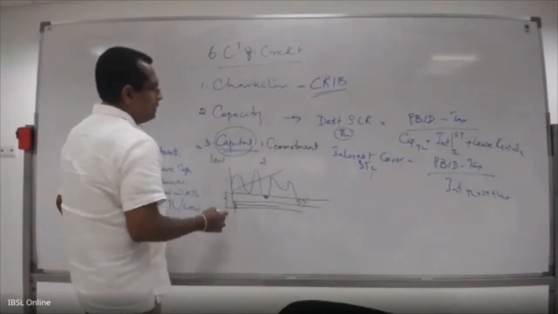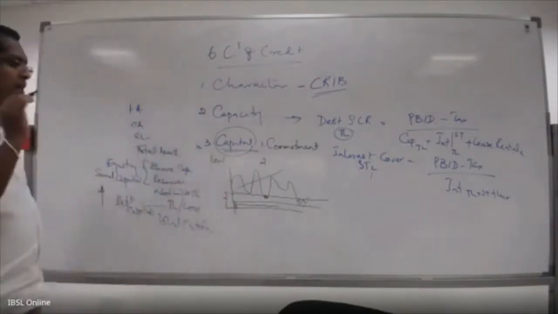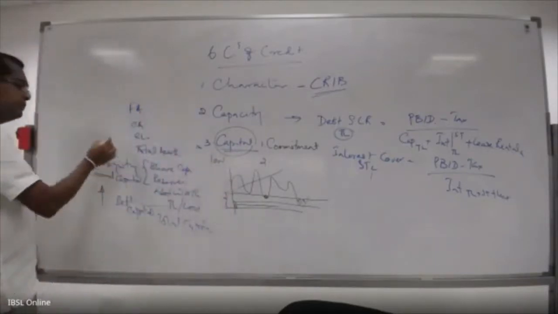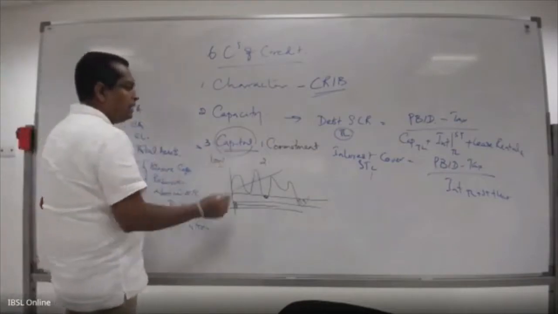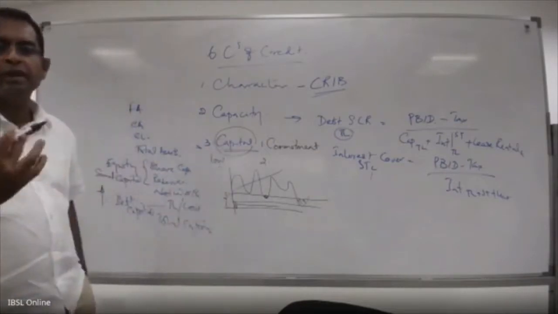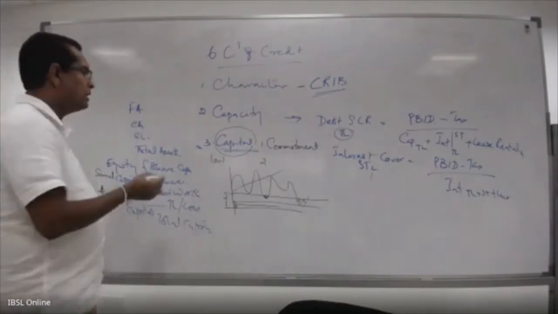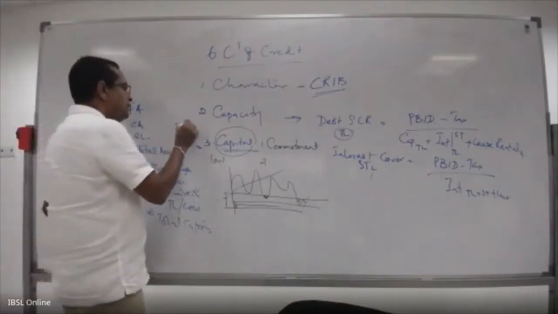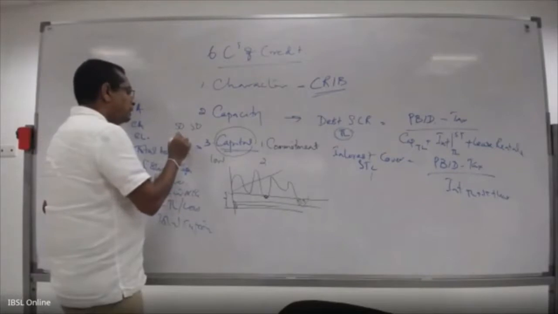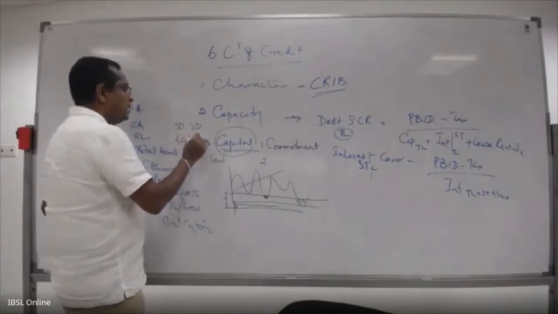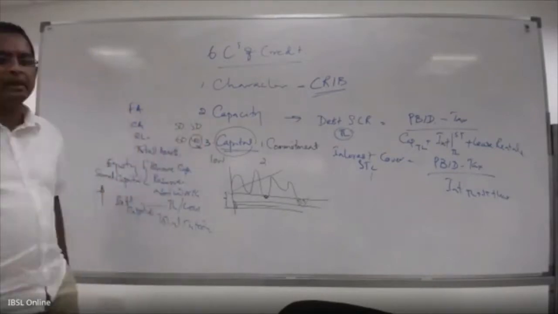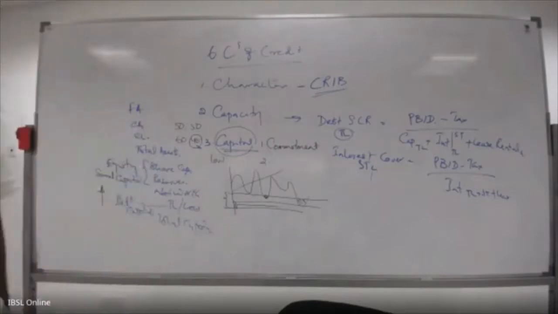In order to have a moderate financial commitment, your capital, the owner's funds, has to be more in the business. So at least 50:50 or debt 60, 40 should be there. A minimum of 40% equity capital should be there, right?